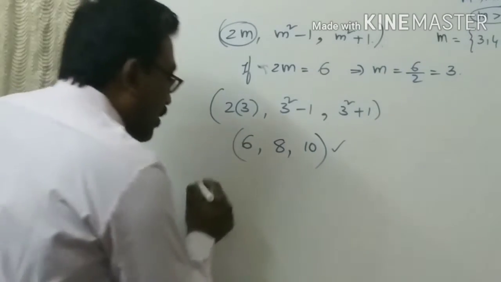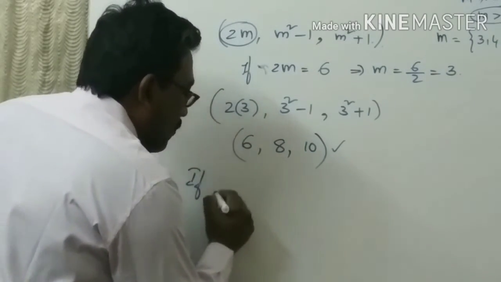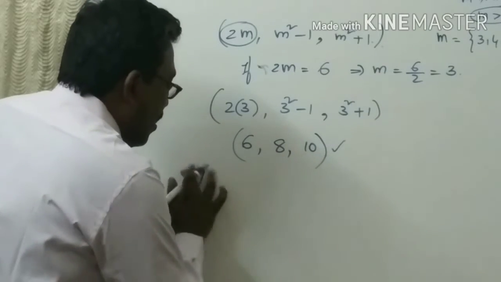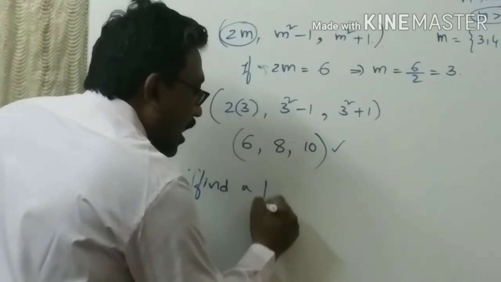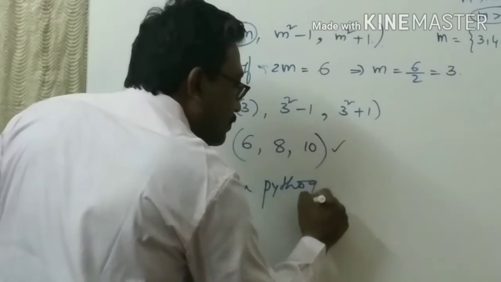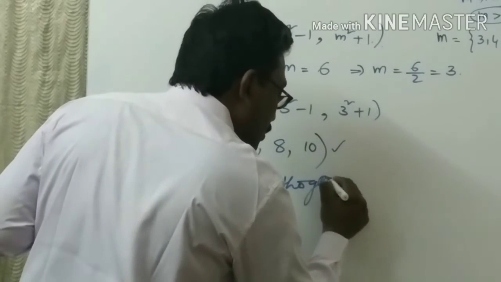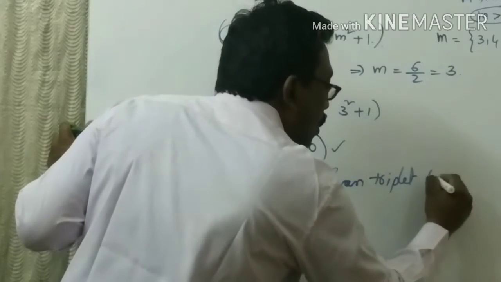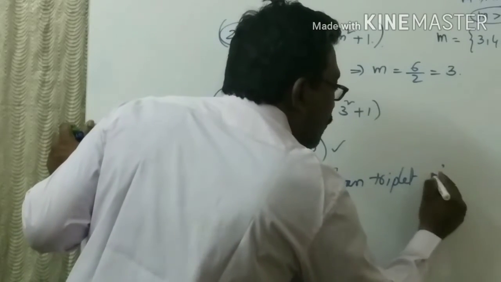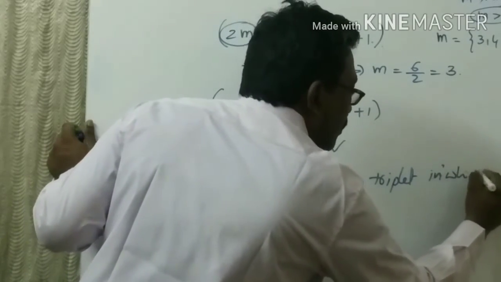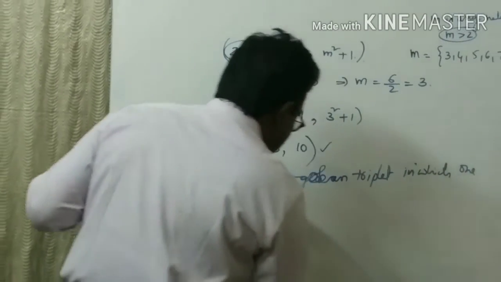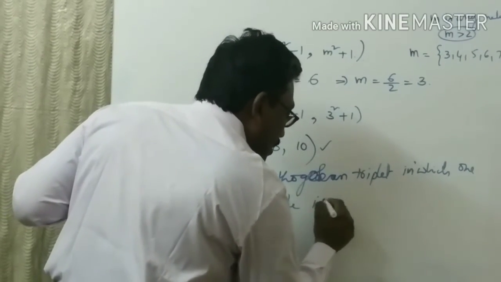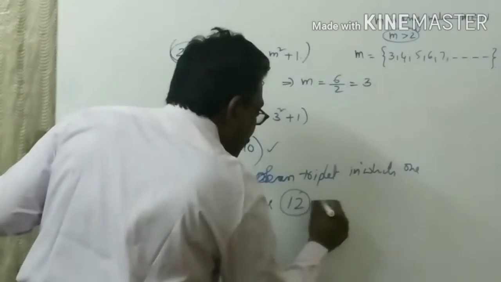Suppose they ask you to find a Pythagorean triplet in which one side is 12.